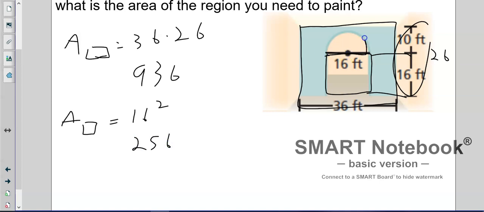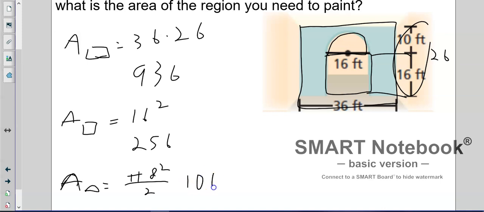And we have a semicircle. So the area of the semicircle is pi r squared, that's 8 squared, but divided by 2 because we only have half of a circle. So that's 64 times 3.14 divided by 2.